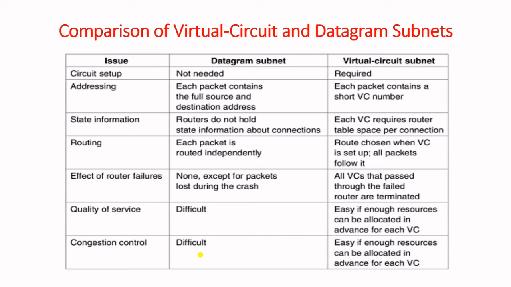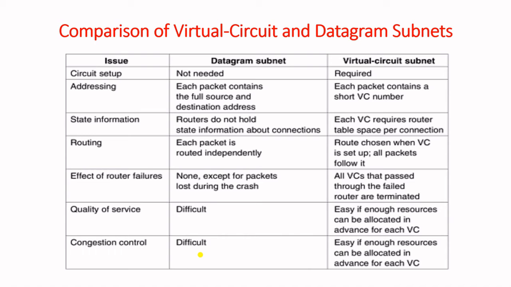Now the effect of router failures. The effect of router failure in case of datagram subnet is none, except for packets lost during the crash.